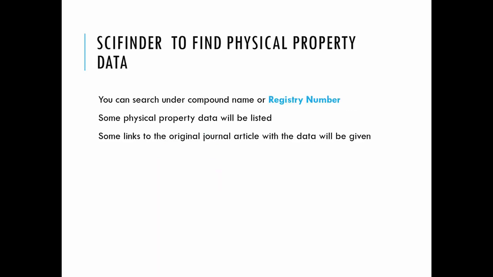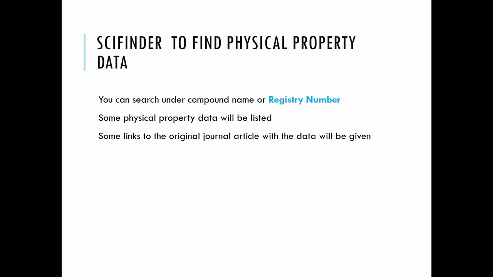Also, at this point, I want to bring up the concept of registry number. Every chemical substance is given a number when it comes into Chemical Abstracts Service. The indexers there will look at a paper and look at the substances, and if a substance is new, it will be assigned a registry number at this point.